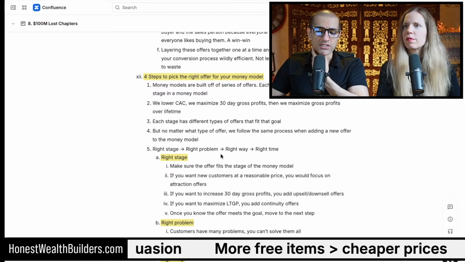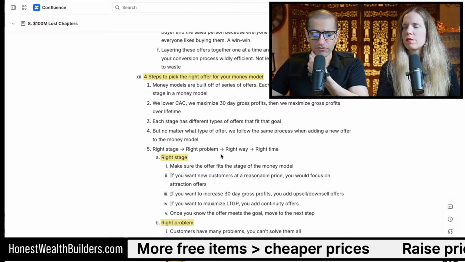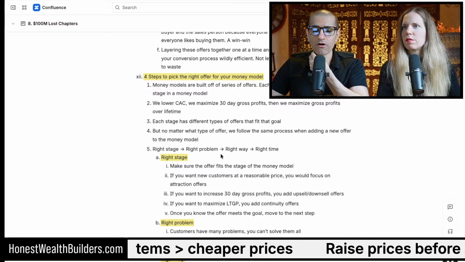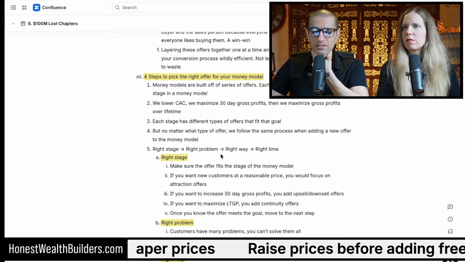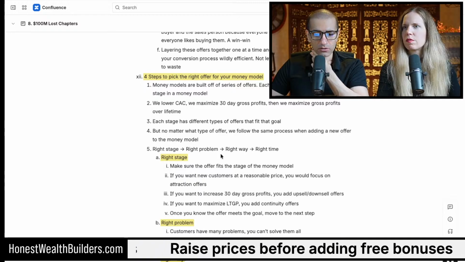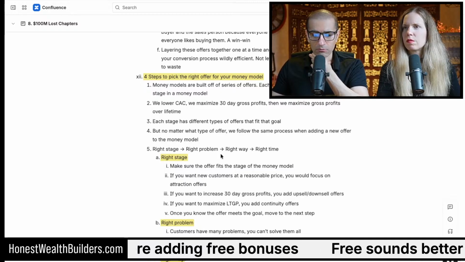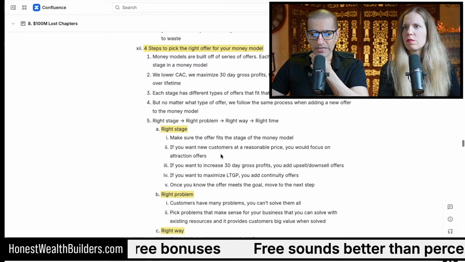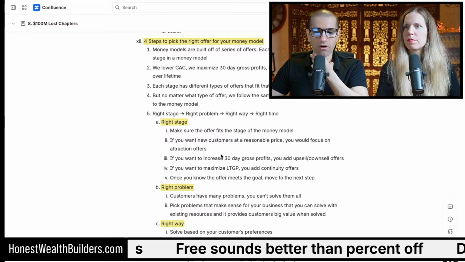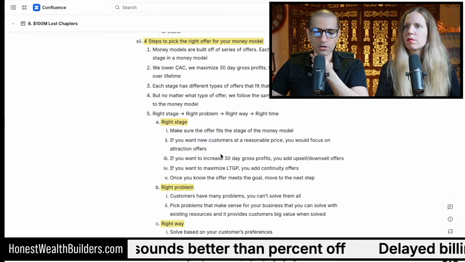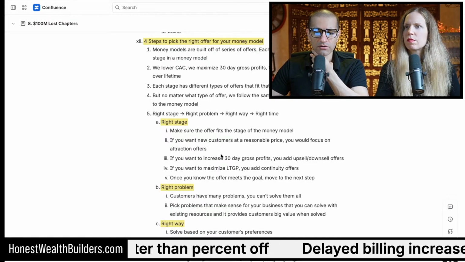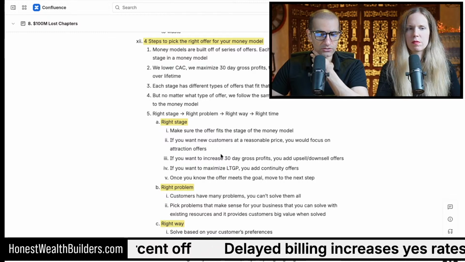Each stage has different types of offer that fit that goal. But no matter what type of offer, we follow the same process when adding a new offer to the money model. You want to be in the right stage, then the right problem, then the right way, and then the right time. Right stage means making sure the offer fits the stage of the money model. If you want new customers at a reasonable price, you would focus on attraction offers.